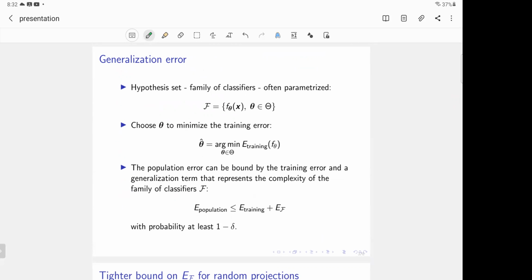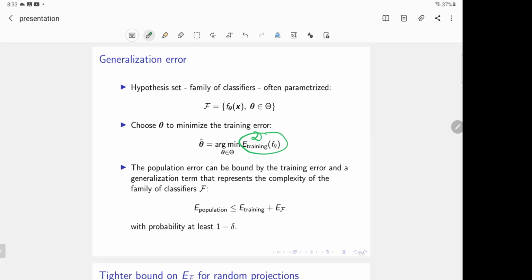And this family is either explicit, we can consider all polynomials up to degree 3, for example, or it is implicit, for example, given by the architecture of a neural network. We choose one particular function out of our family so that the training error is minimized. And usually we do it by choosing the parameter that minimizes our training error on a particular training data set.